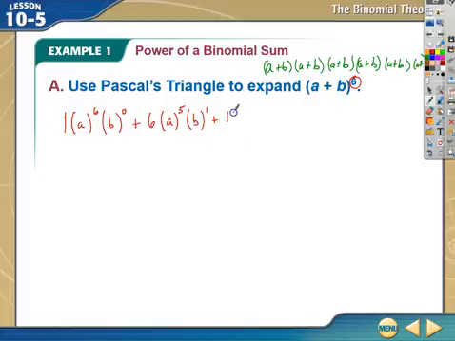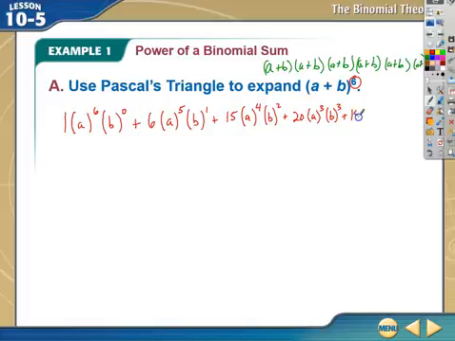I repeat, 15. A to the 4th. B squared. Plus 15 A cubed. Oh, not 15, excuse me. 20. A cubed. B cubed.